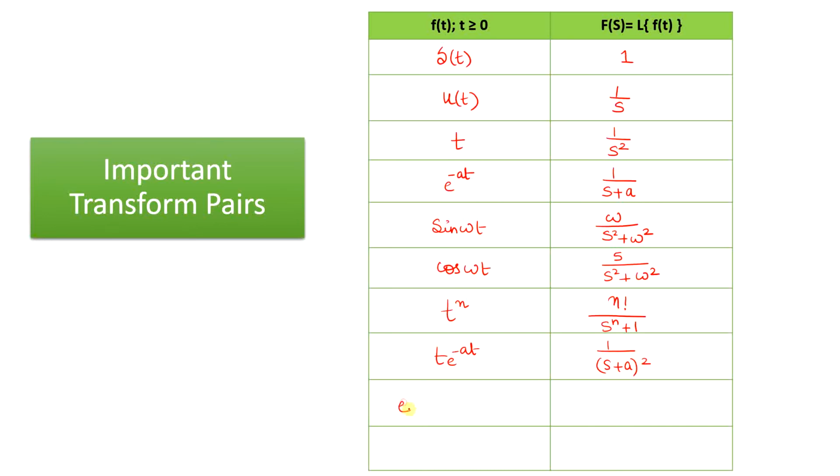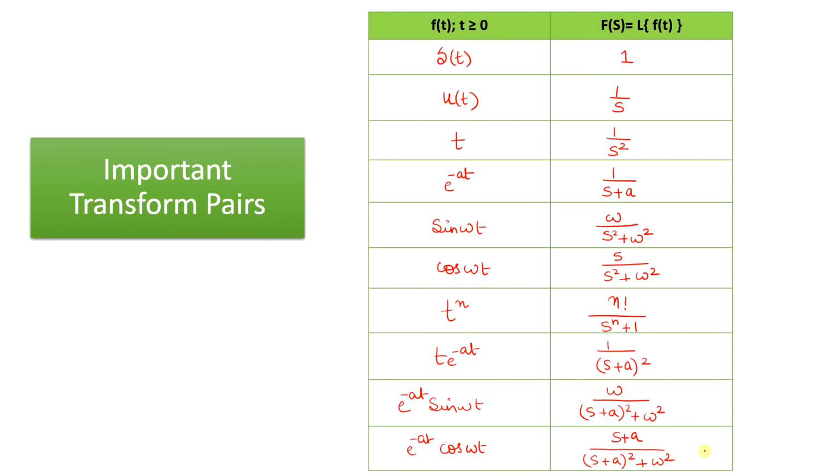e power minus at into sin omega t will be omega divided by s plus a the whole square plus omega square. e power minus at cos omega t is equal to s plus a divided by s plus a the whole square plus omega square.